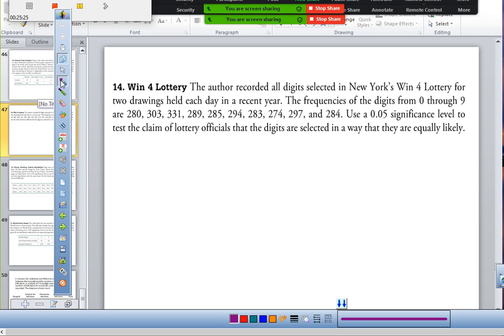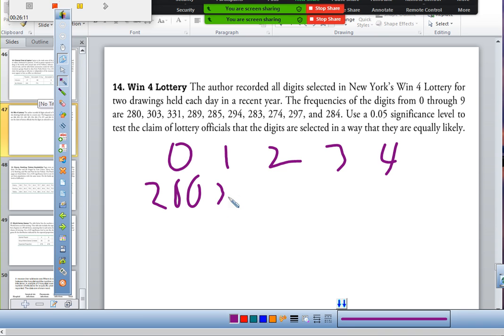I heard from one person, two people. Okay, now we're getting some confusion here. Interesting. Some people are saying, well, I have 0 through 9 here, and those match up with 280, 303, 331.